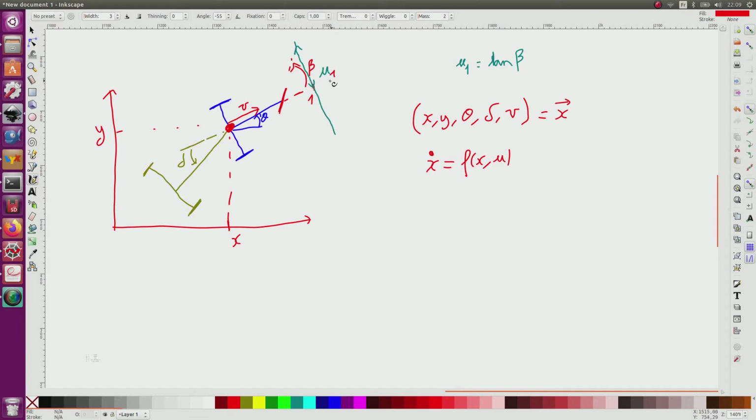Why have I taken the tangent? Because u1 goes from minus infinity to plus infinity, whereas beta is an angle, so there is a limitation, and I will have some periodicity when I increase beta.